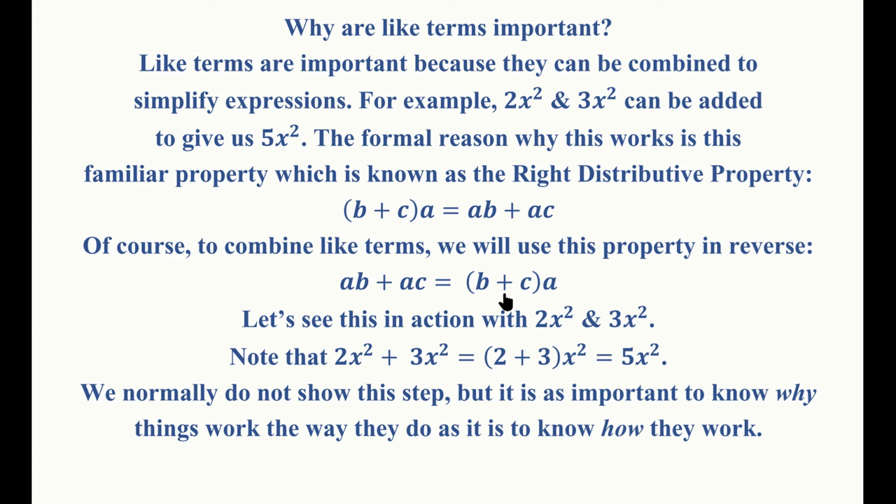So this is actually the process that's going to be required to combine two like terms, because when we have 2x squared plus 3x squared, x squared is going to play the role of this common term like a. So we can write it on the outside here like we did with the a, and then we can just combine the coefficients, 2 plus 3. So we end up with 5x squared.